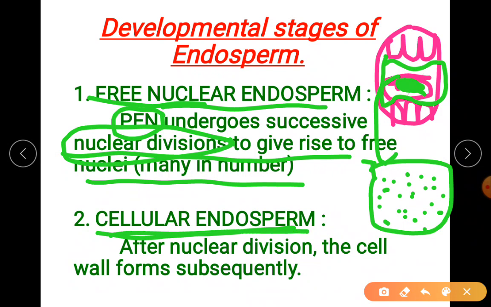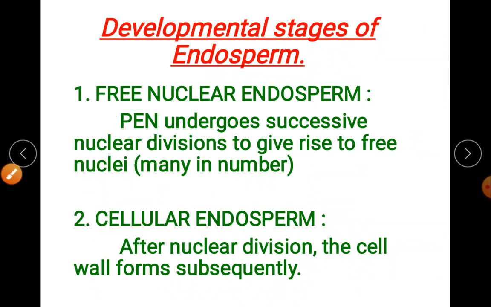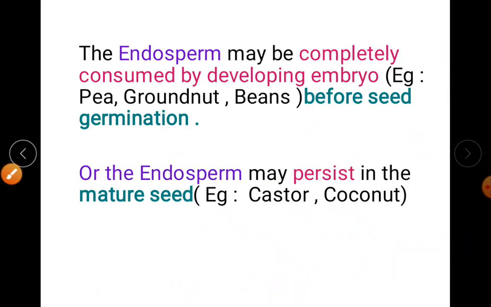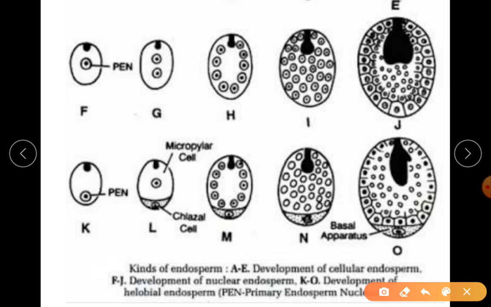Cellular endosperm forms cell-like structures. Around each nucleus, a cell wall is produced, starting from the edge itself. To get a clear idea, I'll show you a picture. You can see this is one nucleus, the primary endosperm nucleus, inside the fertilized embryo sac.